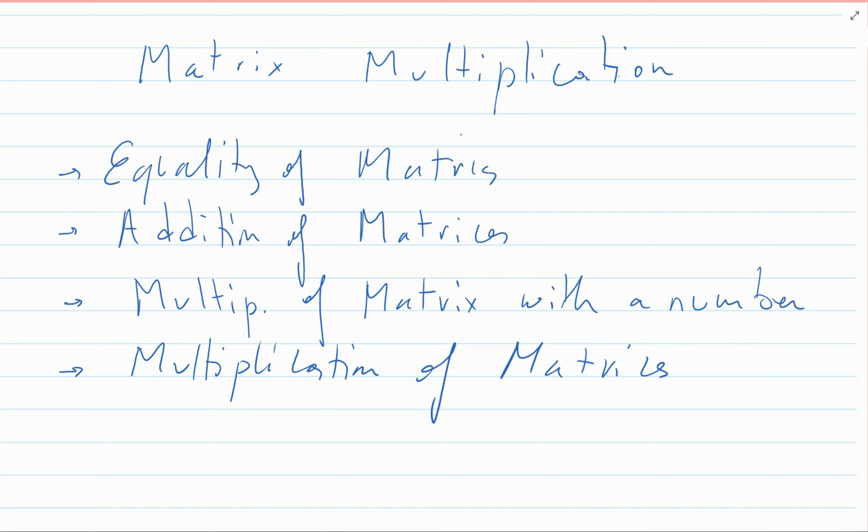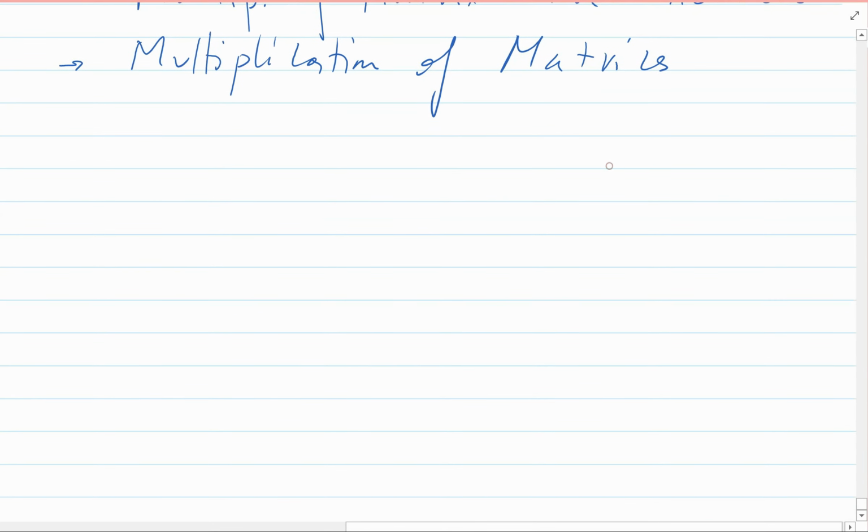So before I start talking about the multiplication of matrices, the formal definition, which is very complicated, the same goes with vectors, for example. Just to give you an idea, a remark here.